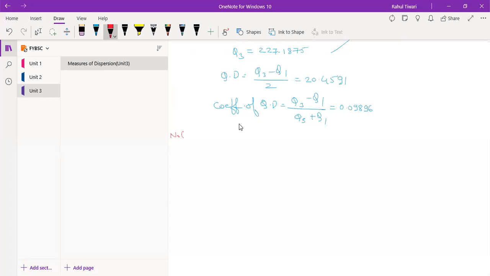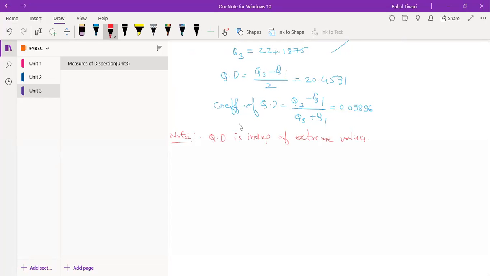What the note says, first of all, I have already mentioned that the QD, the quartile deviation, is independent of extreme values. It doesn't depend on the very lower value or very higher value.